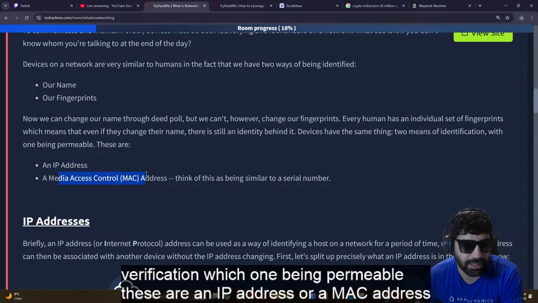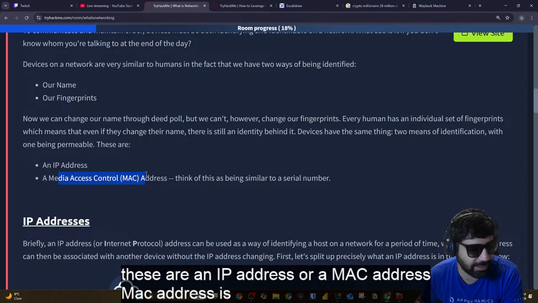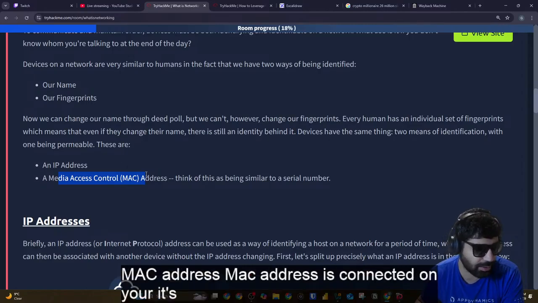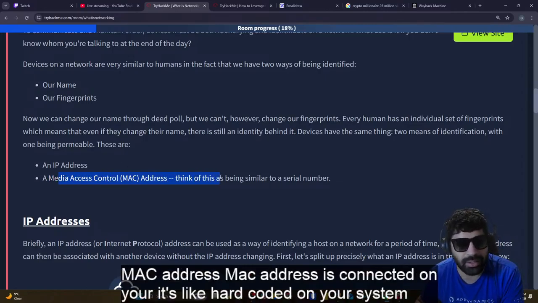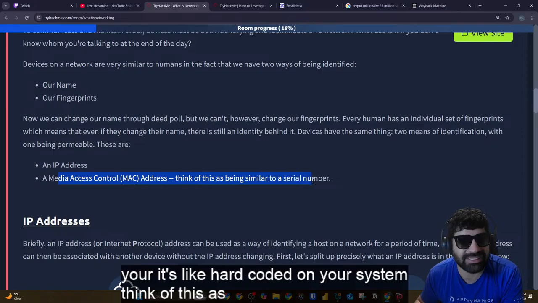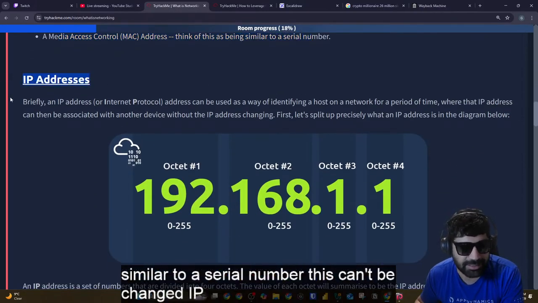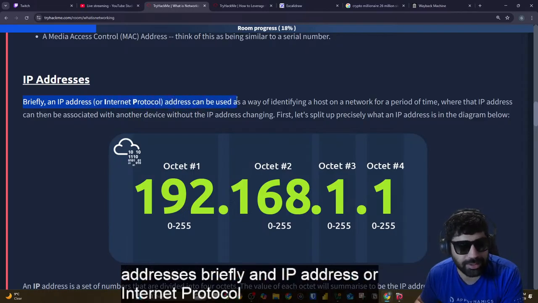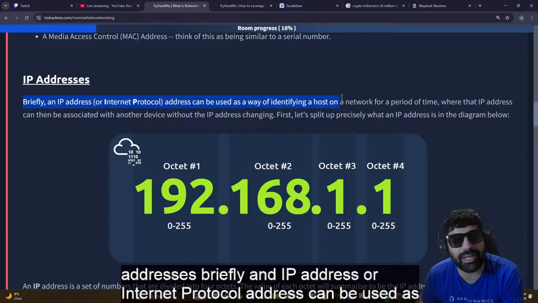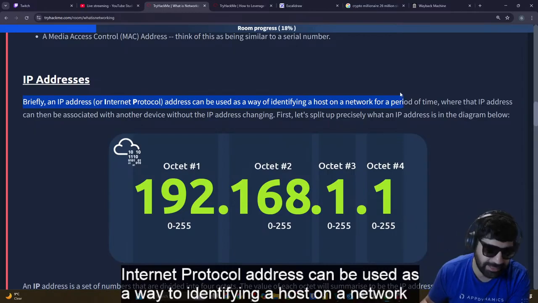A MAC address is hard coded on your system. Think of this as similar to a serial number. This can't be changed. IP addresses: briefly, an IP address, or internet protocol address, can be used as a way of identifying a host on a network. This is basically your address.